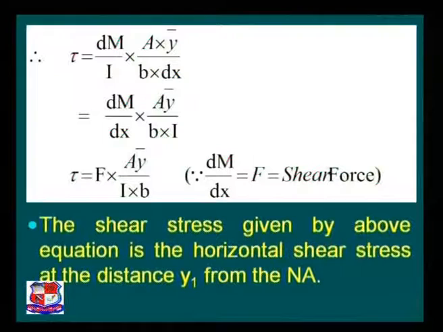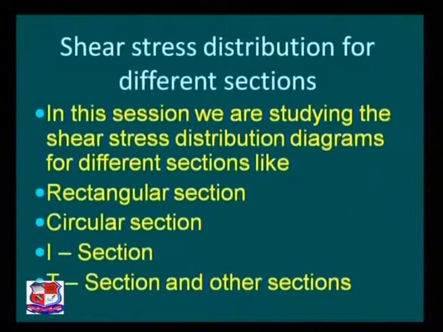It is nothing but the moment of area of the figure at level EF from the neutral axis. Today we are going to discuss how, for the unsymmetrical I section, we can plot the shear distribution diagram.